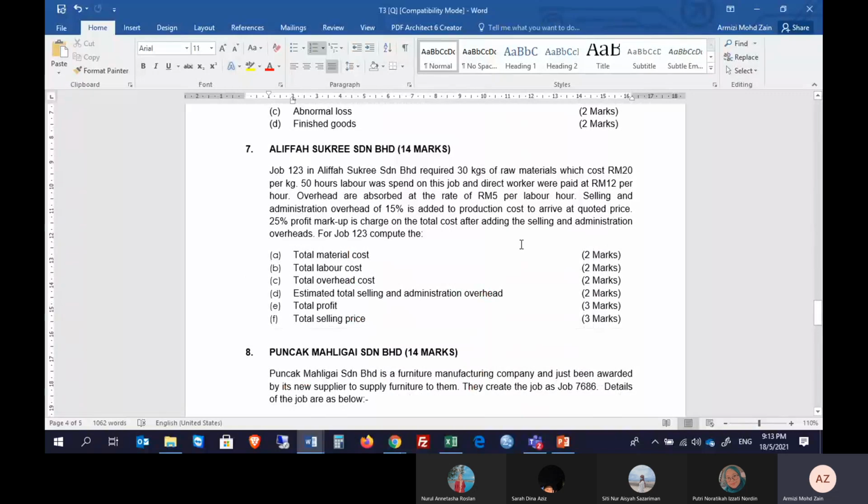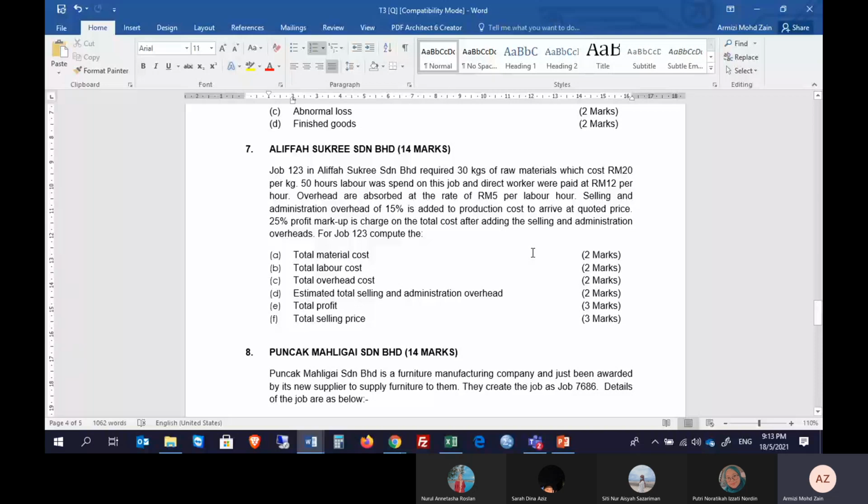Job 1, 2, 3. Job 1 to 3 in Alifah Shukri's number height require 30 kg of raw material, which costs around 20 ringgit per kg. 50 hours labor was spent on this job, and direct workers were paid at 12 ringgit per hour. Overhead are absorbed at the rate of 5 ringgit per labor hour.